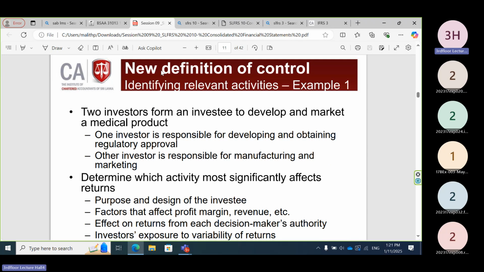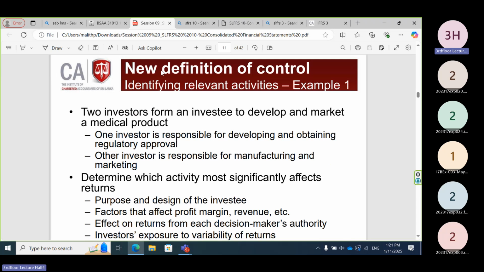So as an investor, you may have different activities with different responsibilities or work allocation. So then you need to decide the relevant activities for the return. Which activity affects the variable return most? The second one, right? The first is just a matter of starting the business.